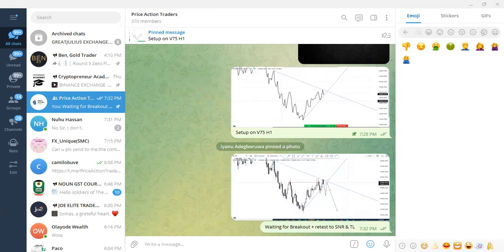Yeah. So this is the X line cross now. See the cross, right? That's what happened in V25. That's what happened in that V25, right?